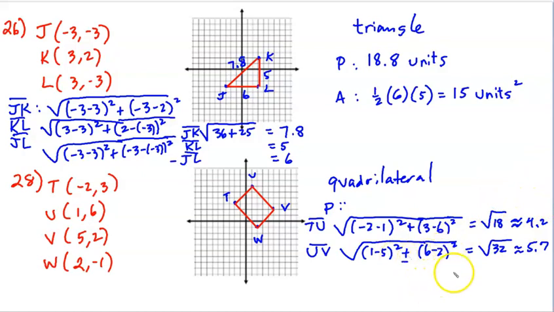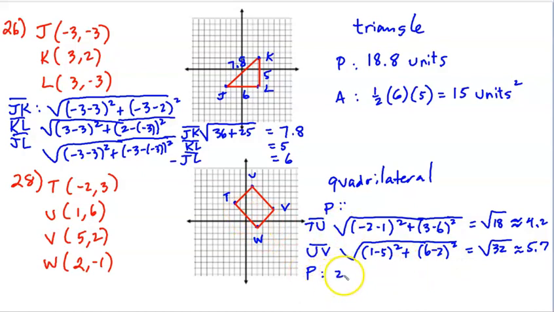Okay, so just to save time, this video is getting kind of lengthy. This is a rectangle, so TU and VW are the same. UV and TW are the same. So we'll use those numbers to get our perimeter.